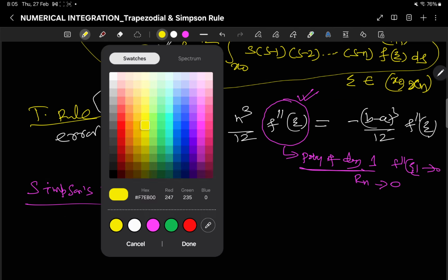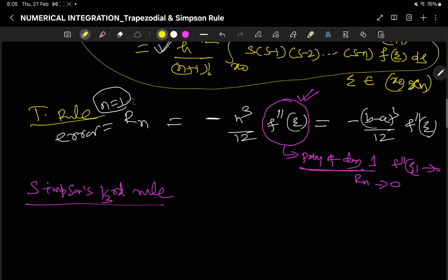For the trapezoidal rule, we are taking n equal to 1, the error R2 is minus h cube by 12 f double dash zeta, and the degree of precision here is 1. As I told, f double dash zeta, the second derivative, is 0 for a polynomial of degree 1. That's why the degree of precision is 1.